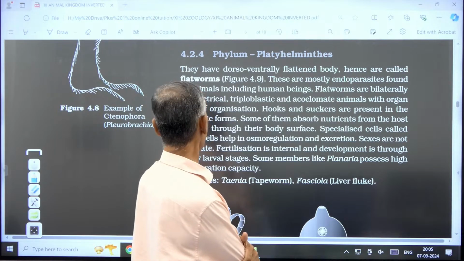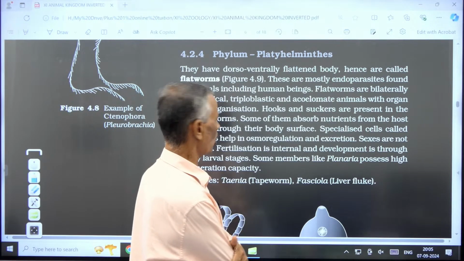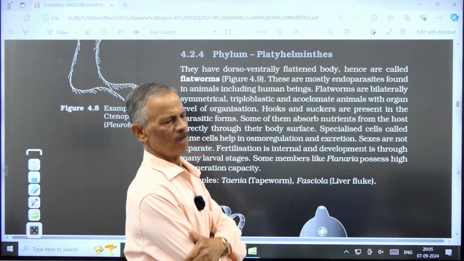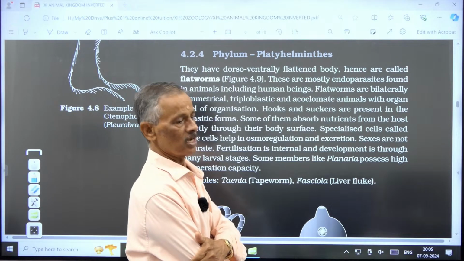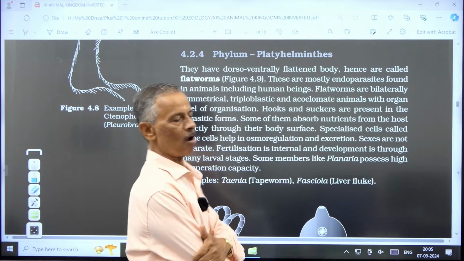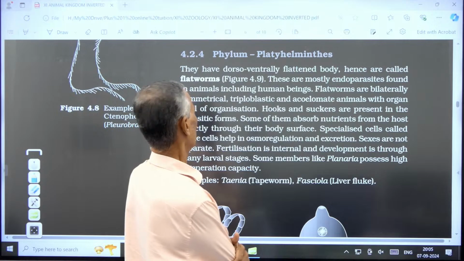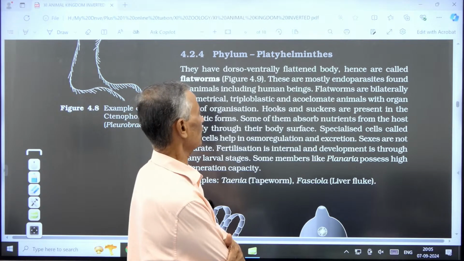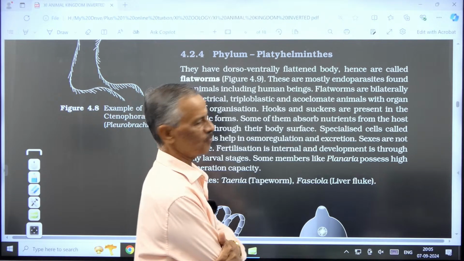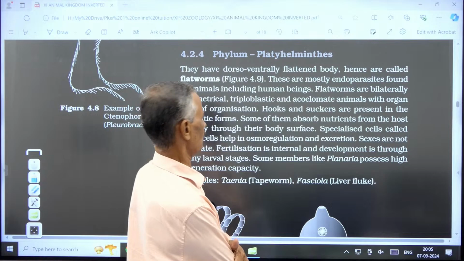Special cells called flame cells help in osmoregulation and excretion. What is osmoregulation? Regulation of water, salt, etc. in the body. So excess water is to be sent out. That is the main purpose of all excretory structures.